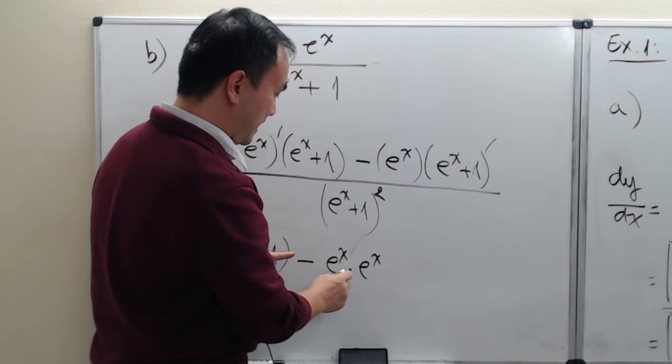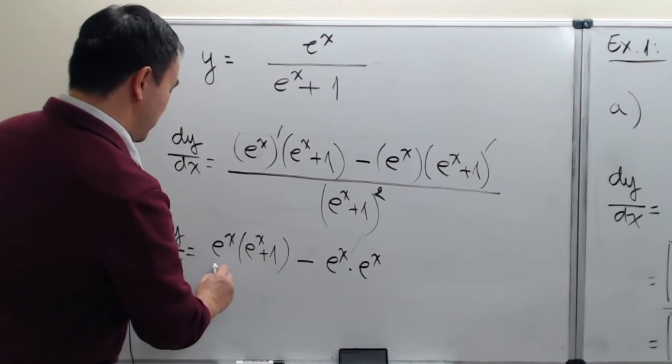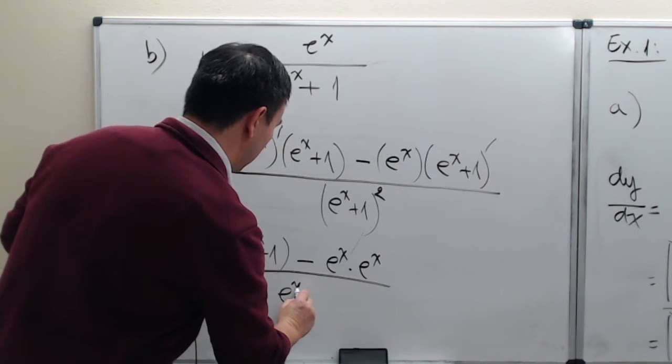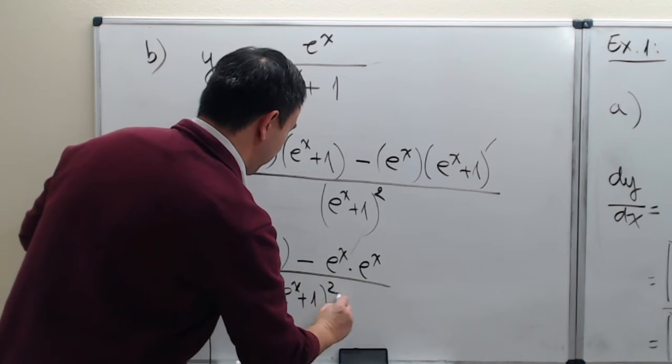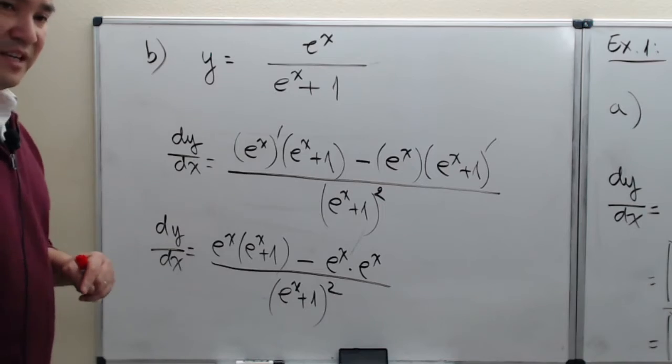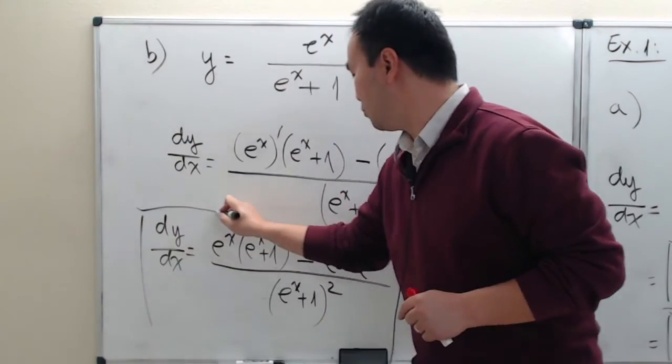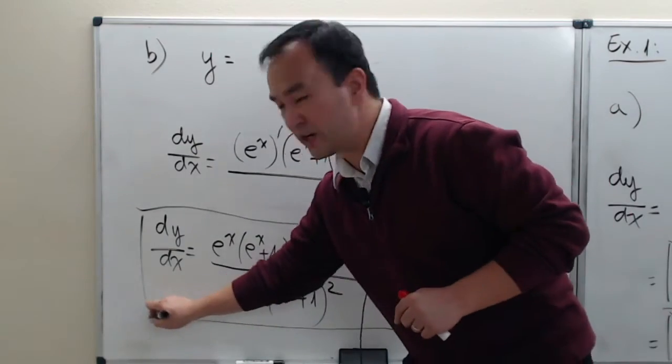So it's just e to the x times e to the x. And then we are dividing by e to the x plus 1 all squared. Okay, and at this point, technically we are done finding the derivative.